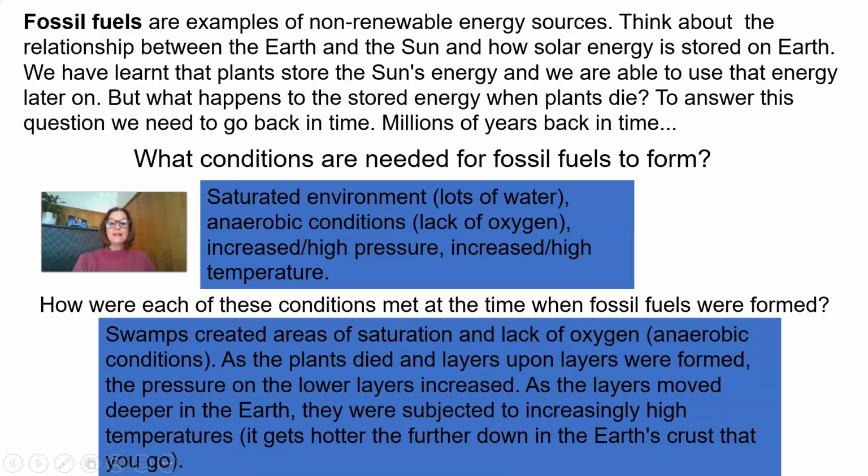Swamps created areas of saturation and lack of oxygen, anaerobic conditions. As the plants died and layers upon layers were formed, the pressure on the lower layers increased. And as the layers moved deeper in the earth, they were subjected to increasingly high temperatures. It gets hotter the further down in the earth's crust that you go.